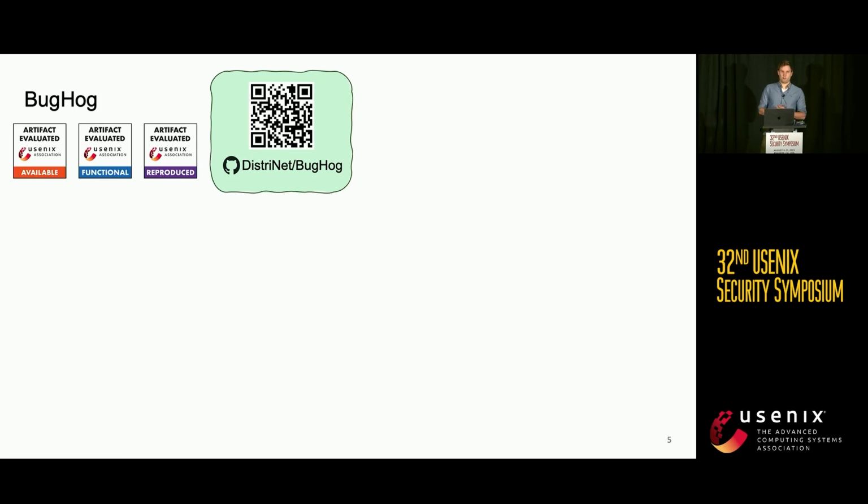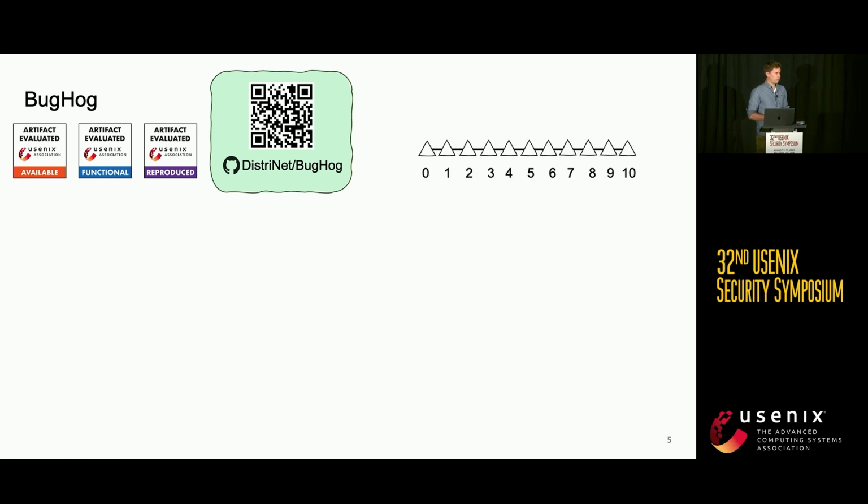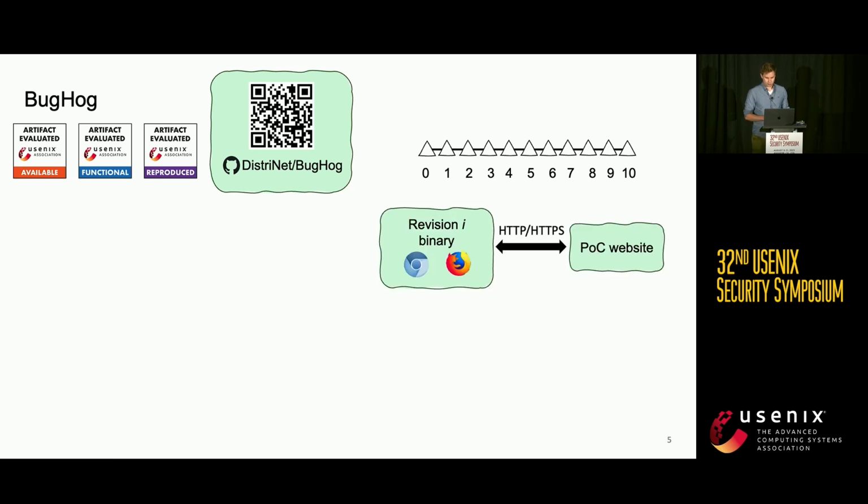Okay, so the framework that we developed is called Bughawk. It's freely available on GitHub. So how does it work? Let's say this is a revision range in which we suspect a bug was introduced. Other than that, we don't know anything about it. So we give this information to the framework, and it will evaluate revisions one by one by instructing the binaries to visit a proof of concept on a website.